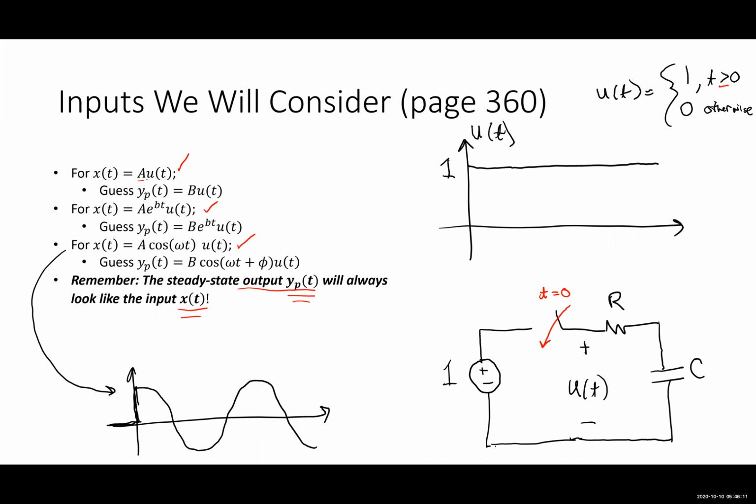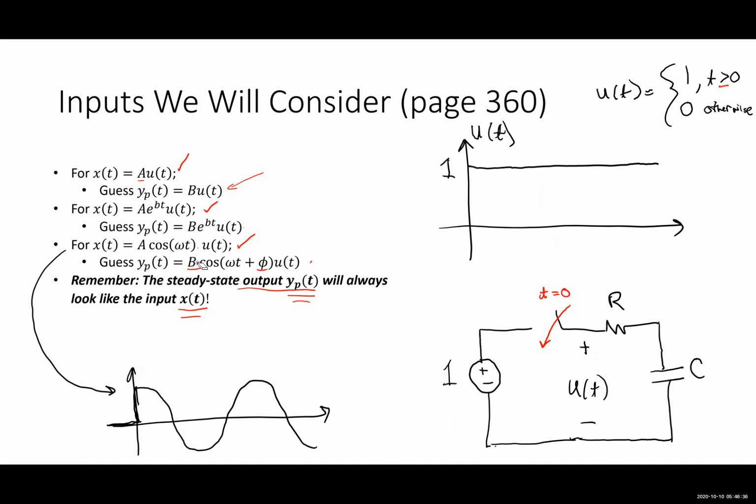So if my input was 2 times u of t, then I basically would take u of t and multiply it by 2, okay? If I have a constant input, I will get a constant output. If I have an exponential input, I'll have an exponential output. If I have a cosine input, I'll have a cosine output. Notice that in the case of the cosine, maybe the amplitude's different and the phase is different, okay?